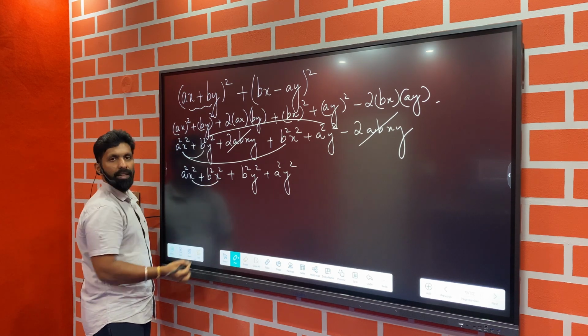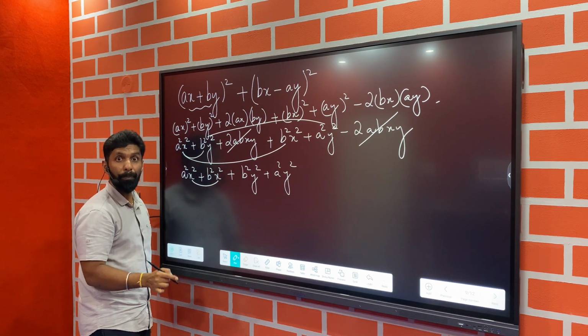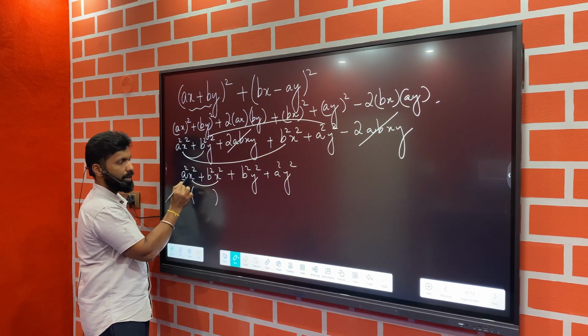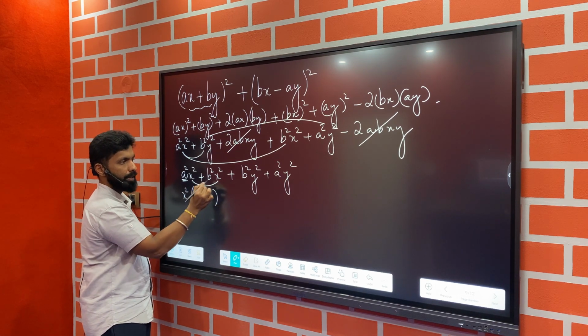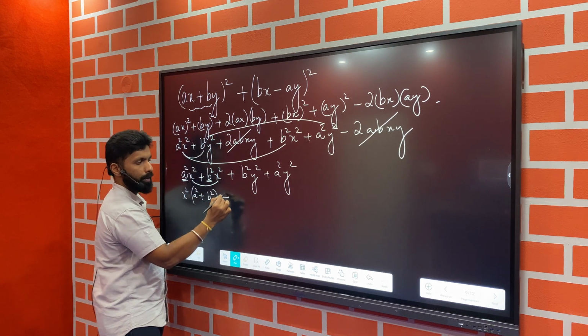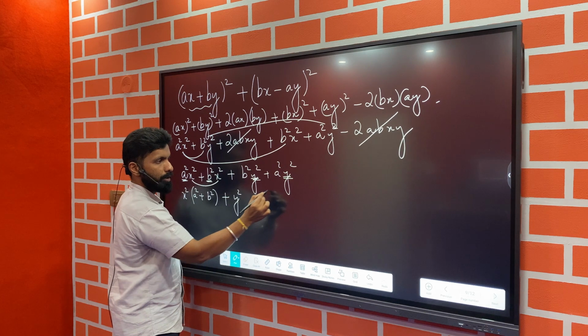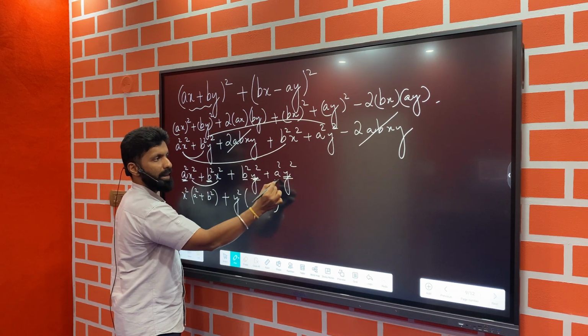Can I see x square is common? Yes. So it's helping me to remove common factors. So x square is common here. What's remaining? a square plus b square. What's common here? I can very clearly see y square is common. So what's remaining? b square plus a square.